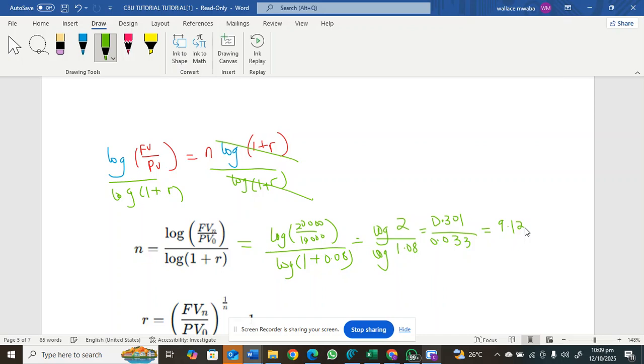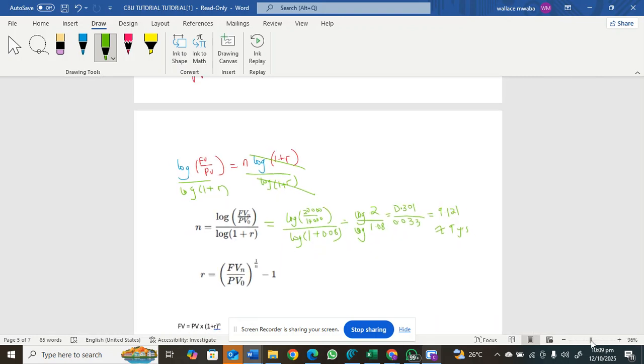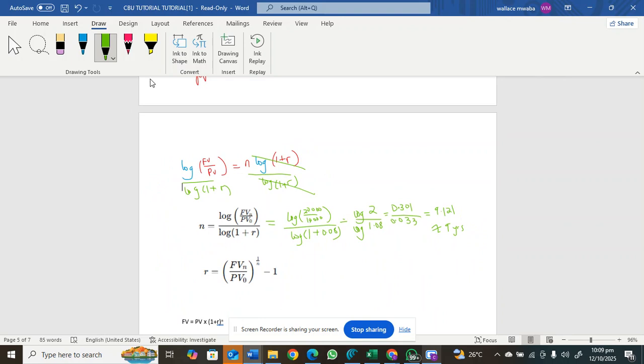So basically 9 years. Yes, that's a long time just for your investment to double, 9 years. Colleagues, is it worth the wait? Can you wait for 9 years for your 10,000 to double? Yes, that's how we find the n.